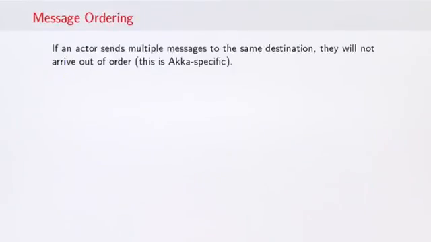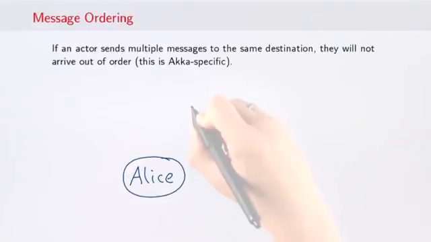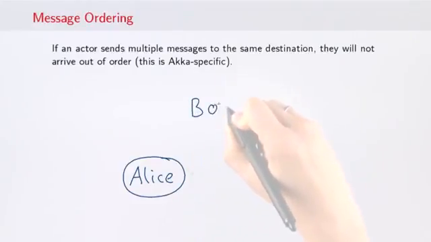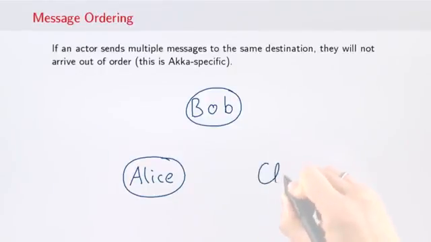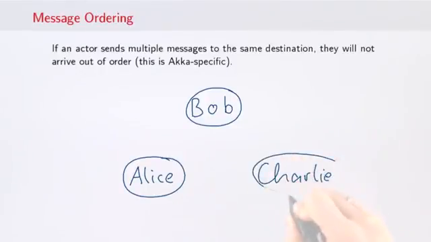The last topic in this section is about message ordering. When you send multiple messages in your system, in which order do the actors process them? An example. Let us say we have an actor Alice, and as usual accompanied by Bob and Charlie.